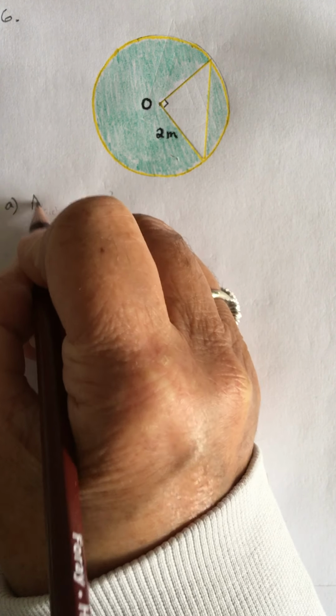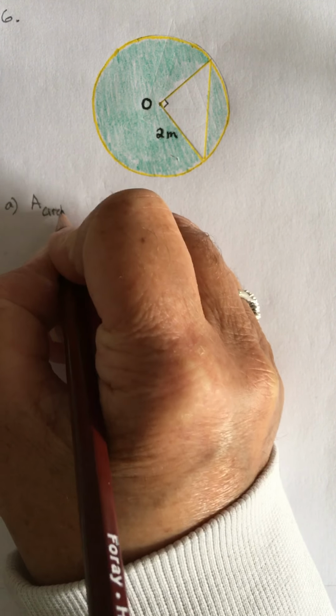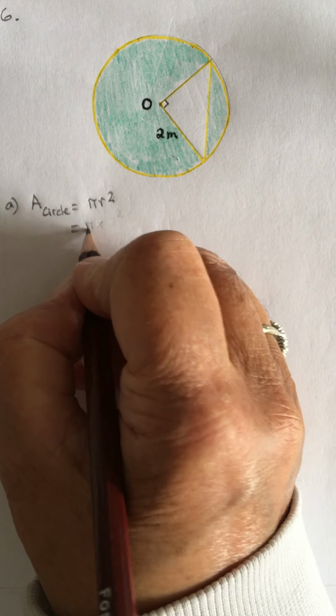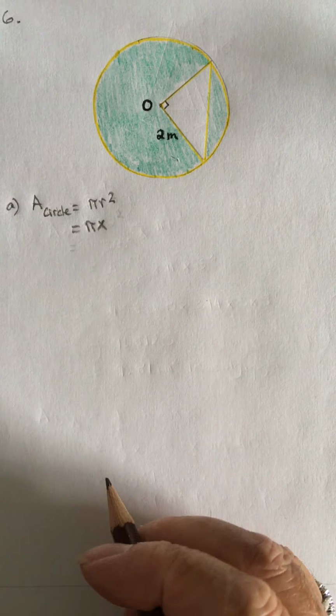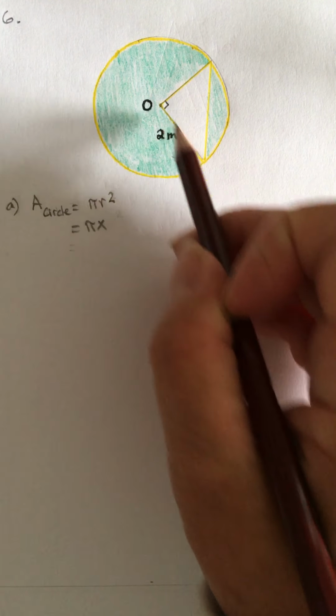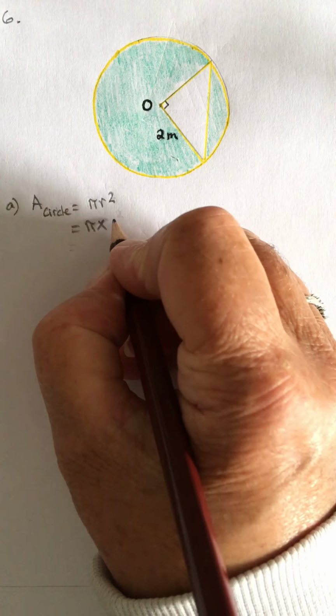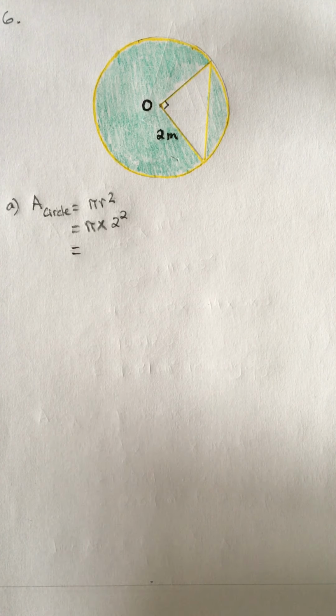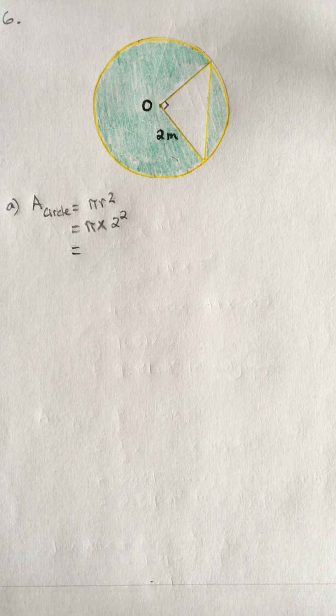So the formula for the area of a circle is pi r squared. We're just going to do pi times the radius, which for this circle is 2, so 2 squared. You can either use the pi button on your calculator or you can use 3.14. So pi times 2 squared.